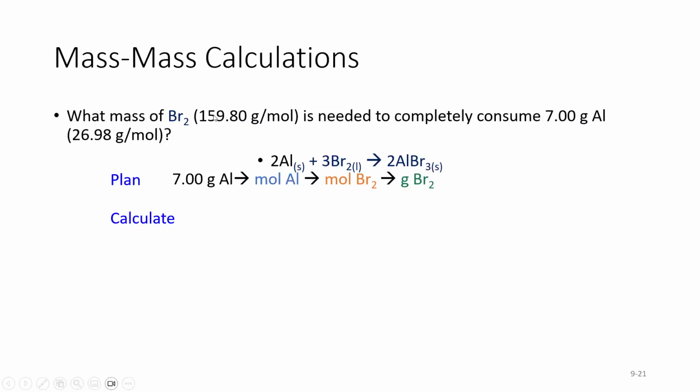So what mass of Br2 is needed to completely consume 7 grams of aluminum? So we're starting with 7 grams of aluminum. From grams of aluminum, we have to get to moles, because in order to get to the new substance, we have to do that mole-to-mole ratio.